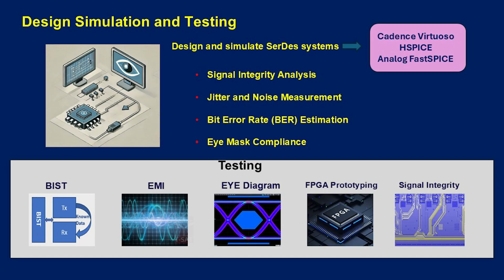Design, simulation and testing: there are challenges related to simulation and testing. We do signal integrity analysis, jitter and noise measurement, bit error rate estimation, and eye mask compliance. During the design cycle, we make sure that we have all this testing incorporated, like BIST, built-in self-test.